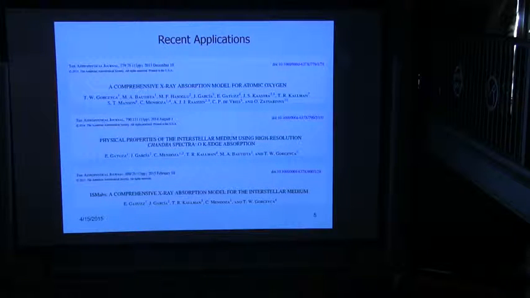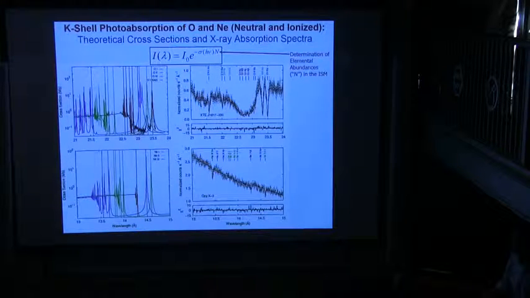I am not an expert on these aspects here. You would have to ask Javier in particular more about this ISM apps package, but to show what all this looks like in a picture, here is a comparison, if you like, of the theoretical photoabsorption cross-sections on the left.